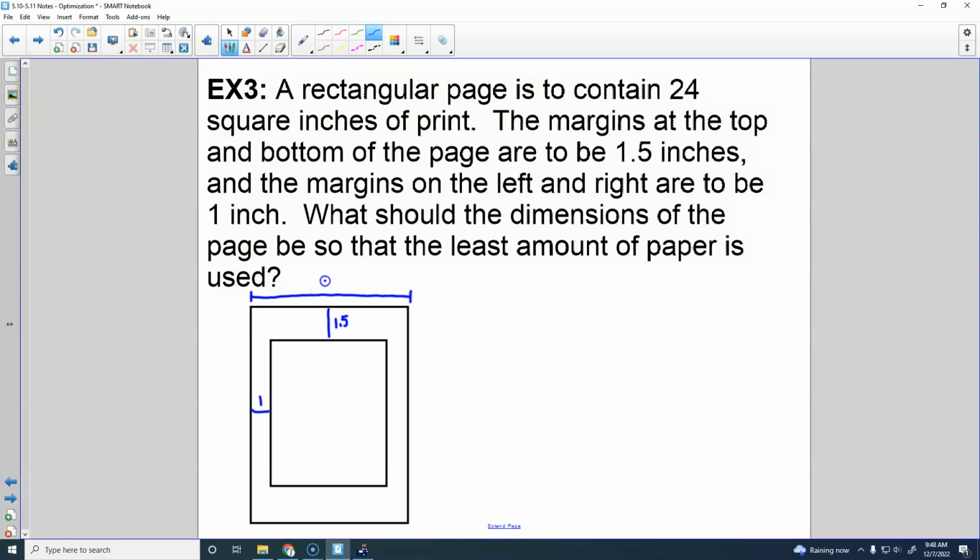Almost. You're a little off. So if I let this out, I'm going to go with what Connor's saying. This is X. And this is Y. And so if this is X and this is Y, you got 1 on either side. So this would be X minus 2. And this side right here would be Y minus 3.